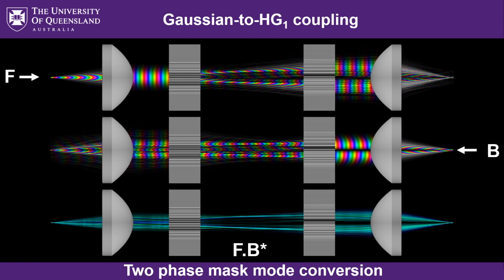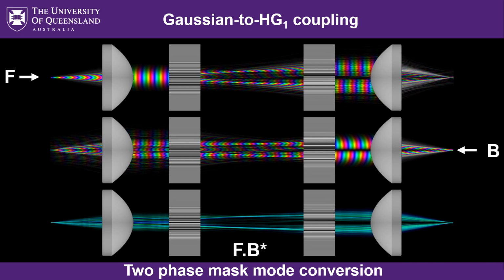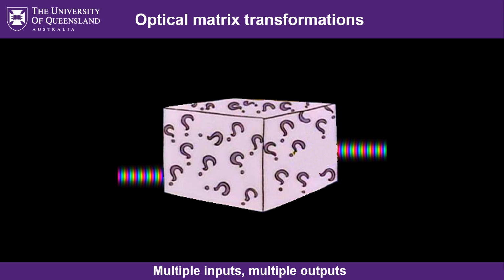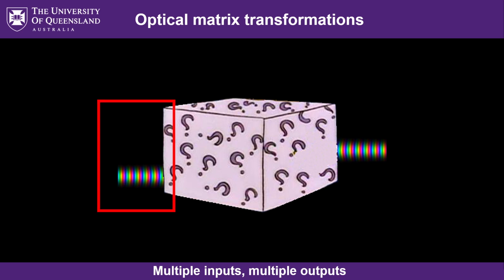The idea of using planes of phase manipulation to transform modes can be extended from that one in, one out case we've been looking at so far, to the more general case of n modes in and n modes out. In this scenario, instead of just a single field coming in, that we want to transform to a single field going out, we need to develop a system that can independently transform n input fields and then map them onto n output fields.